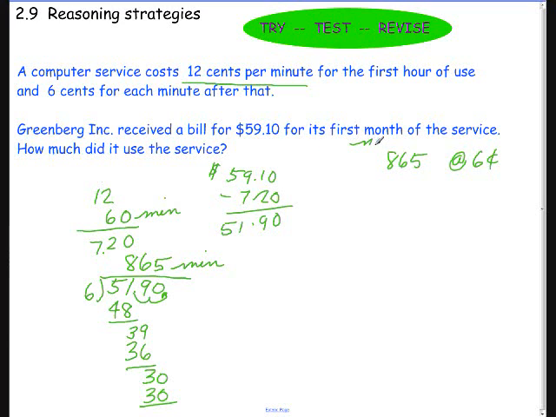So these are the minutes. Plus 60 minutes at 12 cents a minute. And this gives us the total number of minutes. I think we better divide this by 60, don't you?